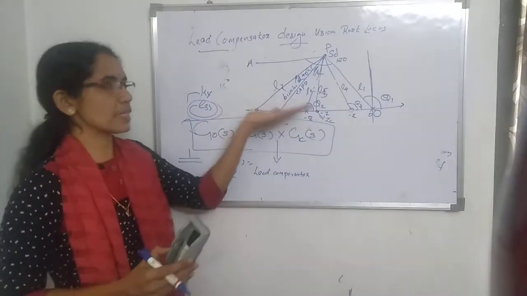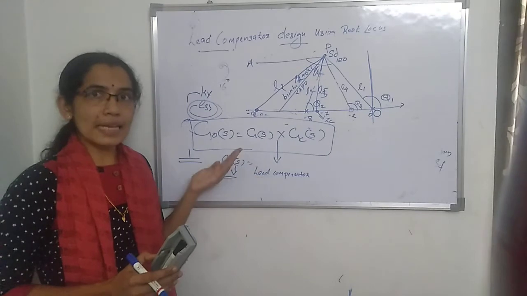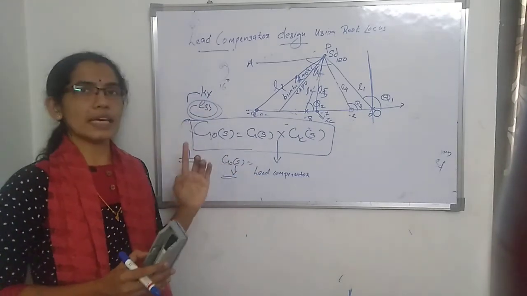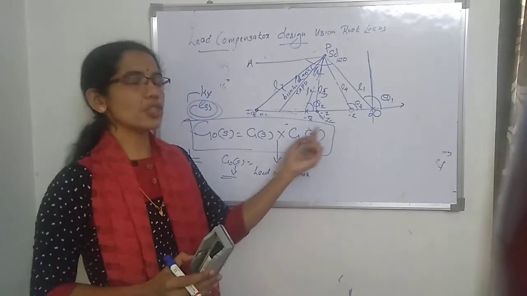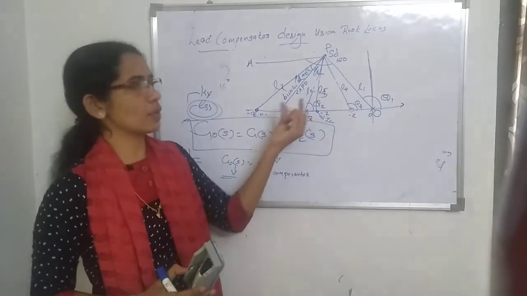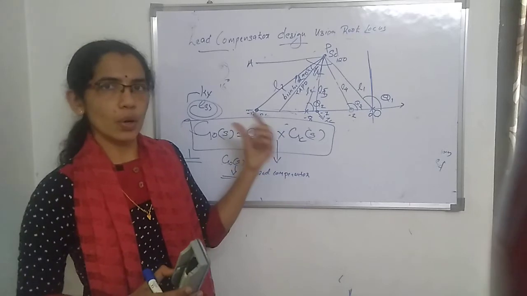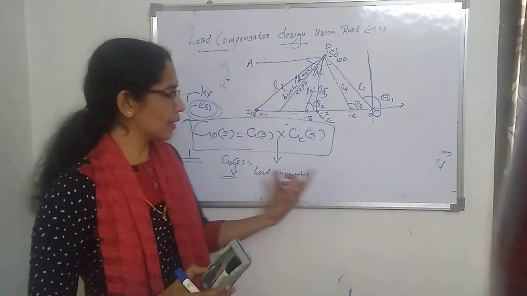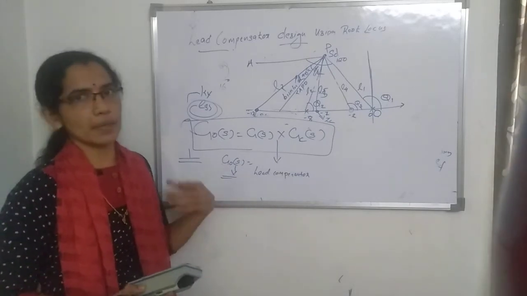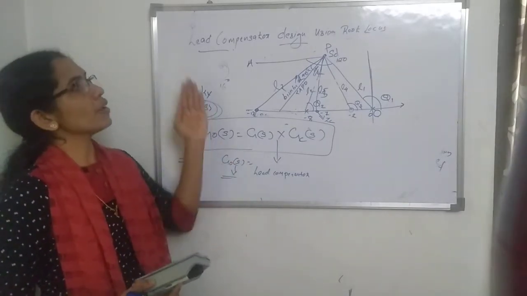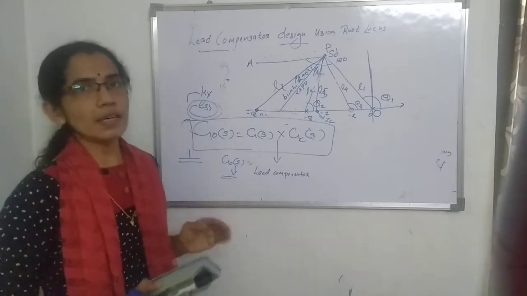If the design does not achieve the required performance, we need to relocate the poles and zeros and repeat the design. That is the procedure of lead compensator design using root locus.